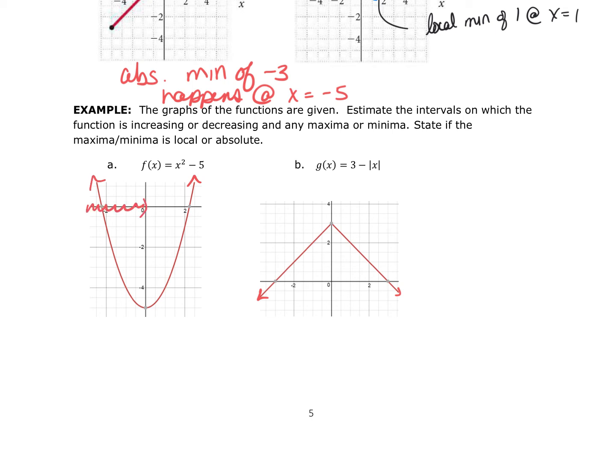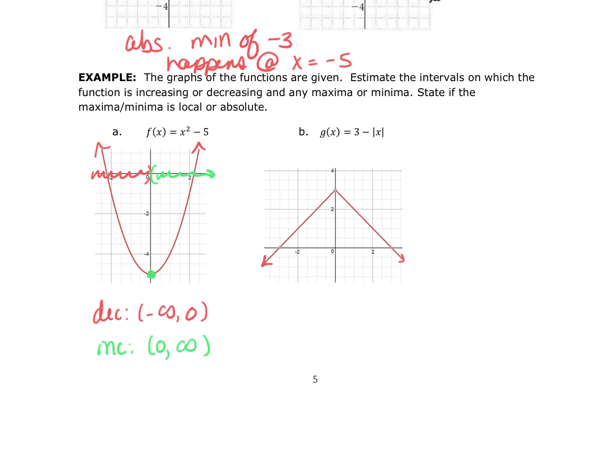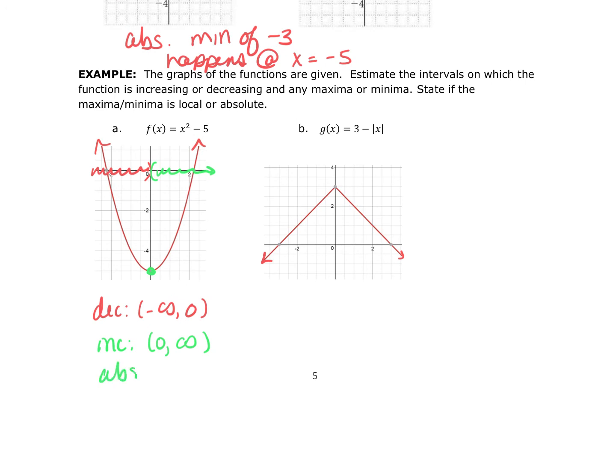Remember, it's the x value, so I am decreasing between -infinity and the x value of 0. I am increasing in this region, so increasing between 0 and infinity. This is the lowest point that I can see on this graph, so I have an absolute min of, looks like multiples of 2, 3, it looks like 5, -5 at x is equal to 0.